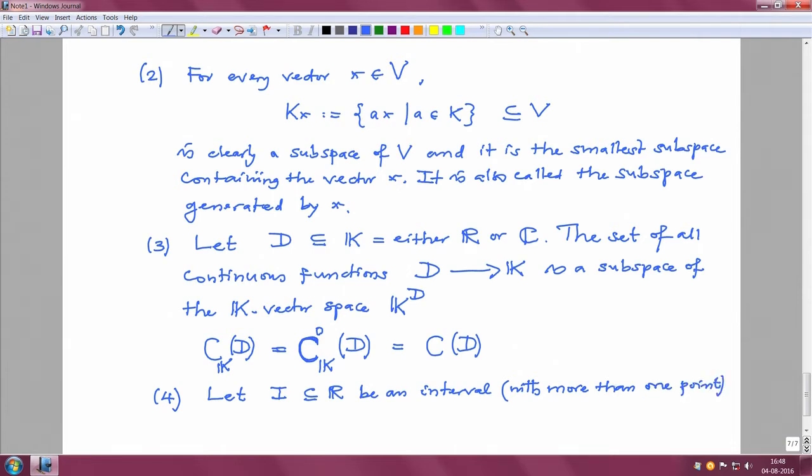So I want to avoid the situation like intervals like this, a single point. I want to avoid this. That's why it should contain more than 1 point. This contains just a singleton here.